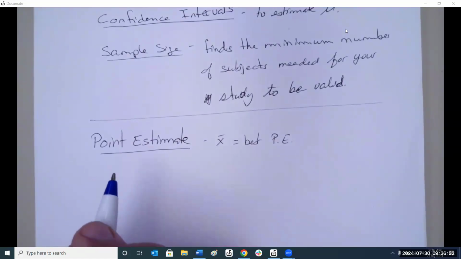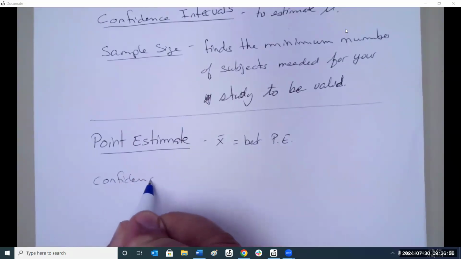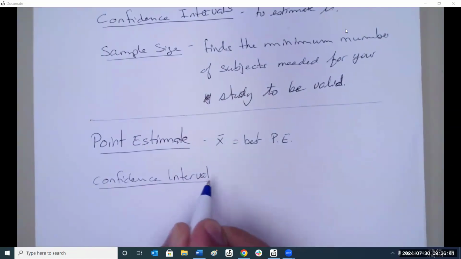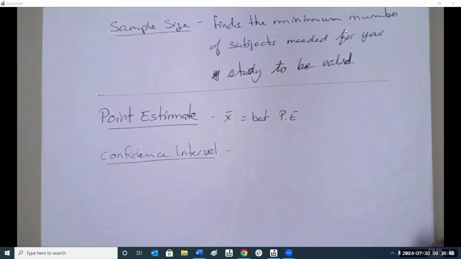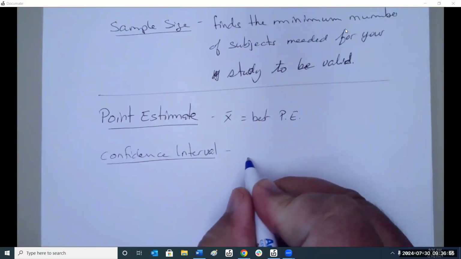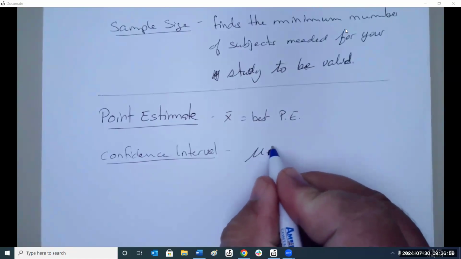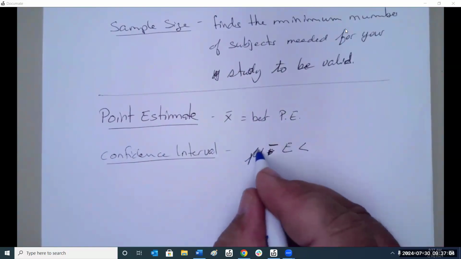And confidence intervals. What is a confidence interval? How do we find it? How did we find it yesterday? Actually, yesterday there were proportions.